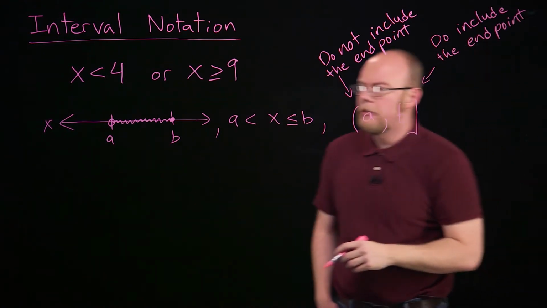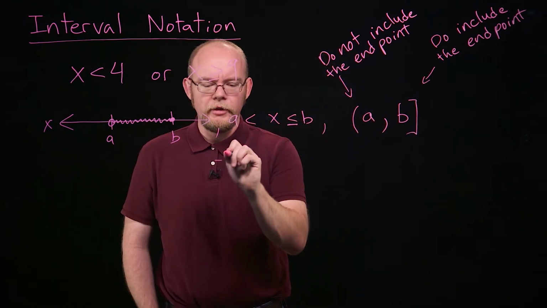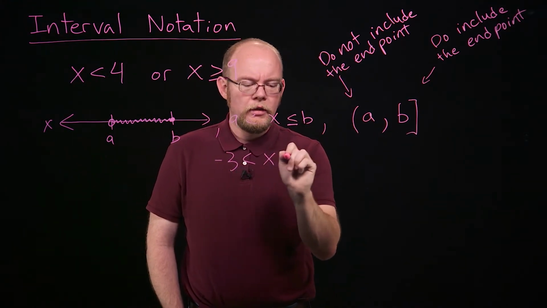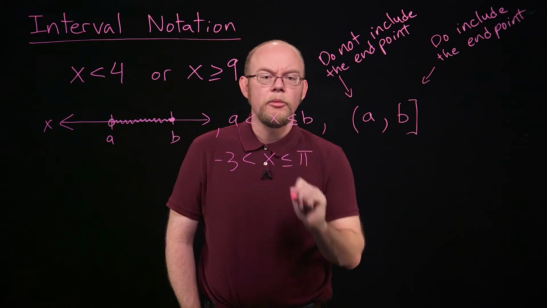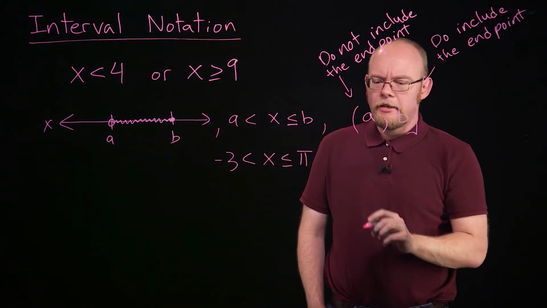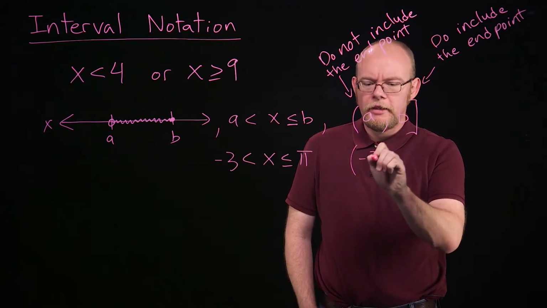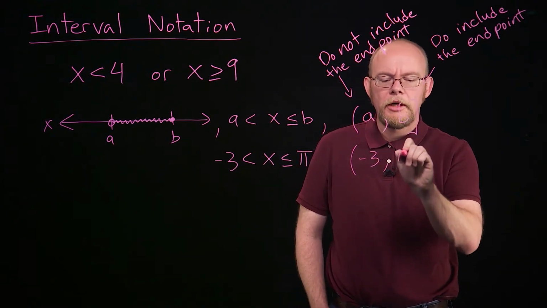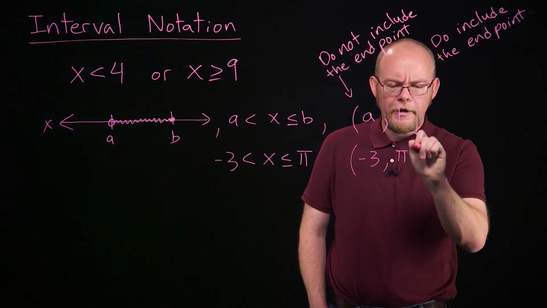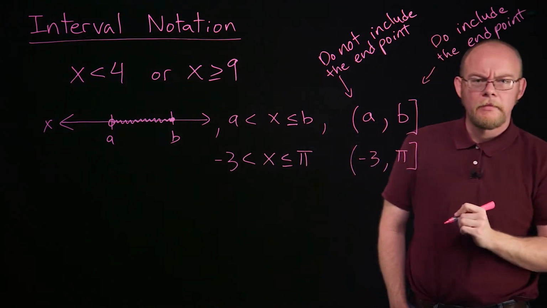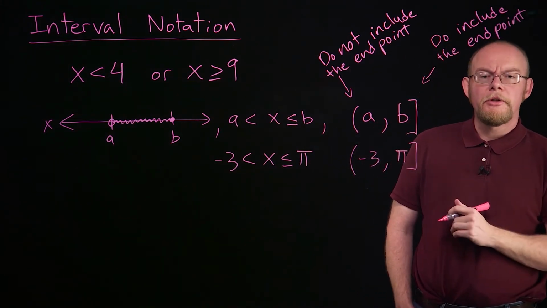All right. So this is how we would express different intervals. So for example, if I wanted to express all the numbers between -3 and say pi, including pi, then I could write down that interval as round or open parenthesis, -3, comma, pi, square bracket, however you want to refer to it. All right, so that would be one possible interval.